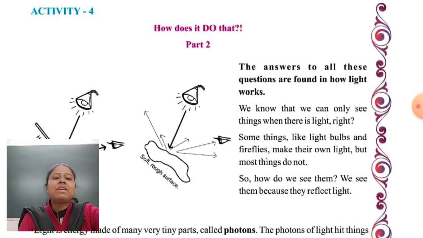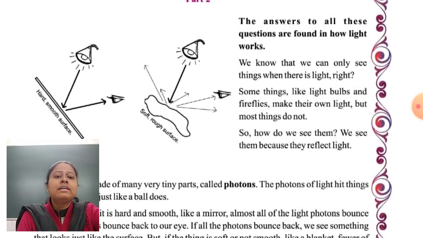Part 2, in that we have seen how light works. Different photons also we have seen the meaning. Photons means the different particles of light. You can see in the image that since light is not there, we are not able to see things.